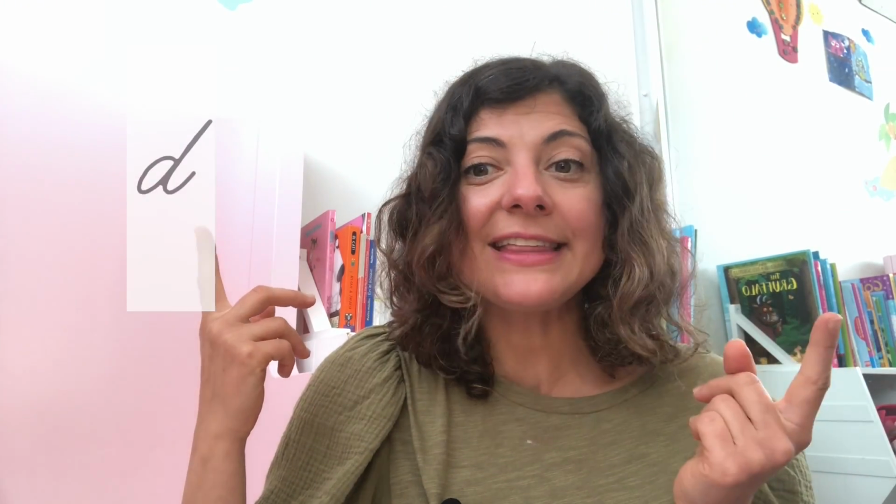Cursive takes out of the picture certain problems, such as beginners struggling with B and D reversal, because B in cursive is something like this and D in cursive is something like this. So it is not confusing anymore.